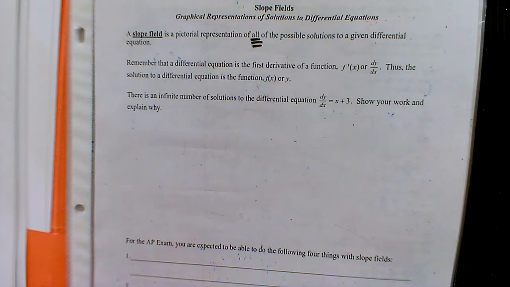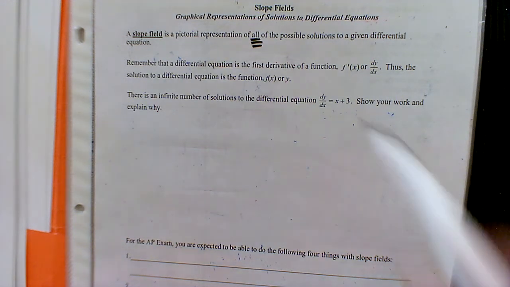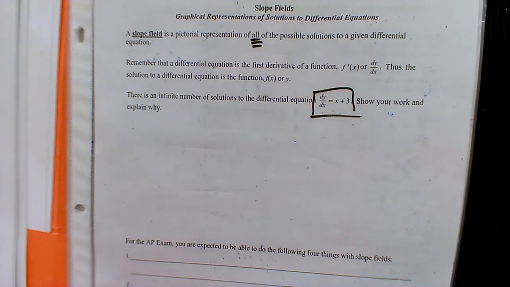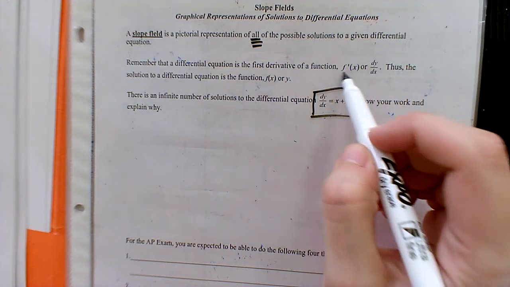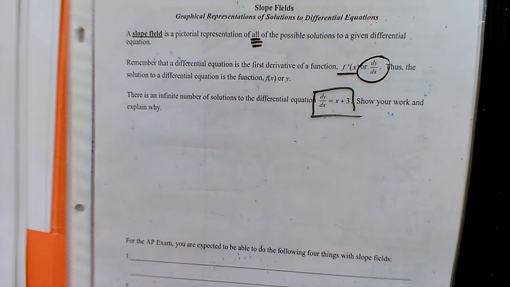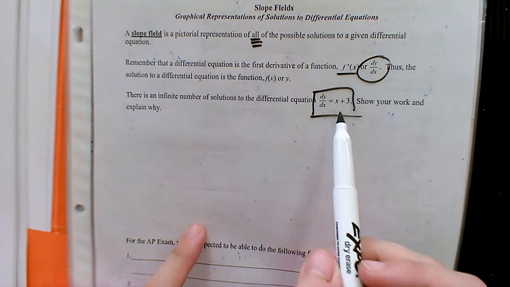So we're going to take a look at how this might look in a simple case, and then we'll get into ones that are a little bit more complicated. Remember, f prime and dy over dx represent the same thing. Those both mean derivatives.